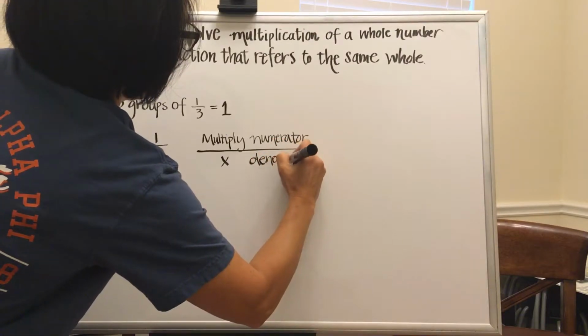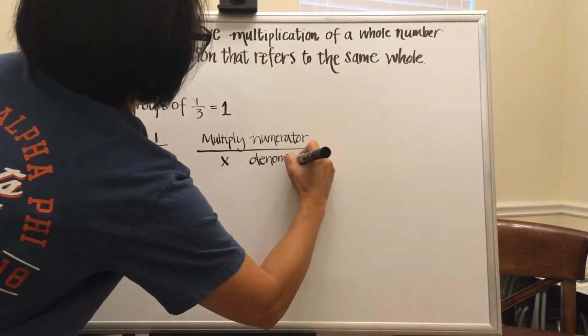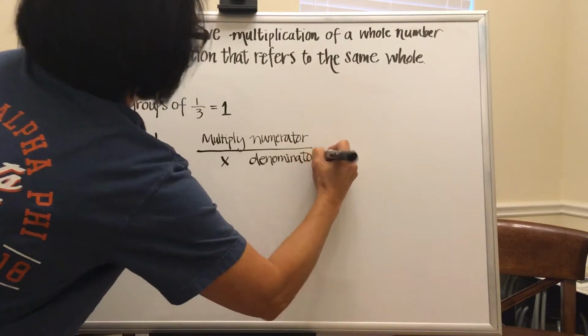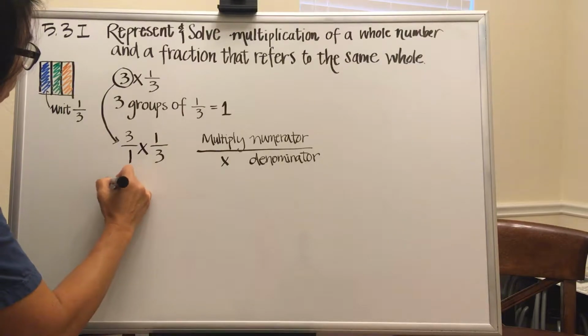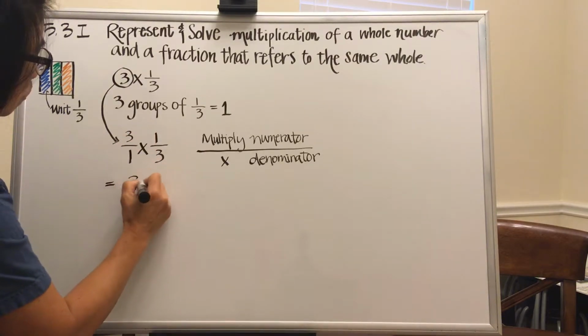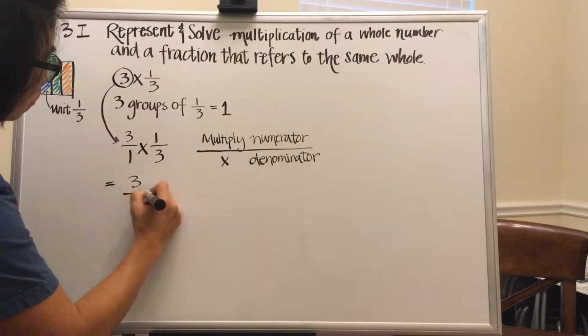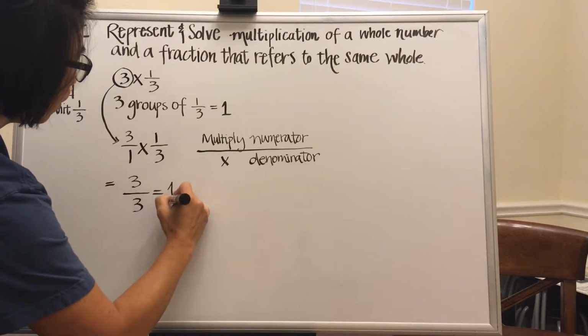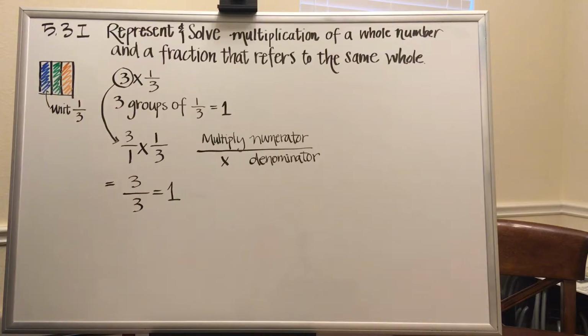You take care of both numerator and denominator. So in this instance, you will see we are multiplying 3 times 1 gives you 3, 1 times 3 gives you 3, 3/3 really means 1 whole, just as our pictorial diagram says.